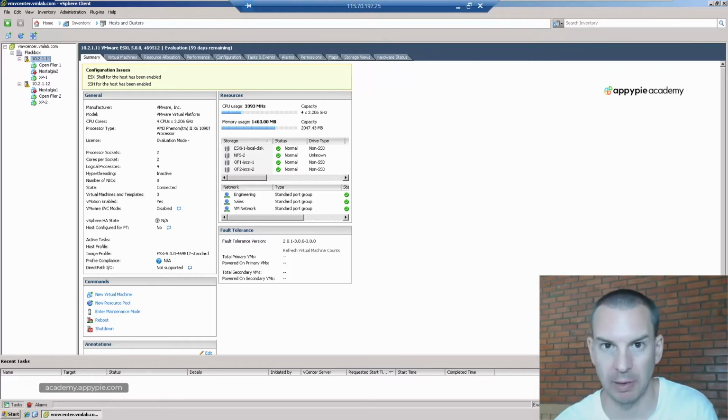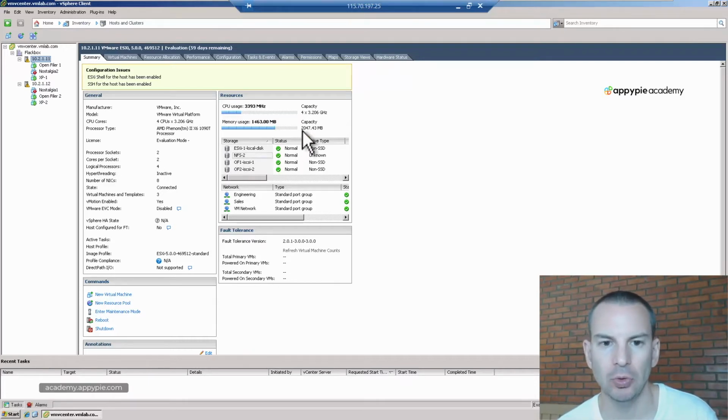So I'm using VMware for the example here, and you can see in my lab I've got two hosts, 10.2.1.11, and I've got another host at .12. And I've clicked on 10.2.1.11 right now, on the summary page, and you can see in this physical server that I'm going to be running virtual machines on, it's got two processor sockets, meaning it's got two physical CPUs, and 2 cores per CPU.